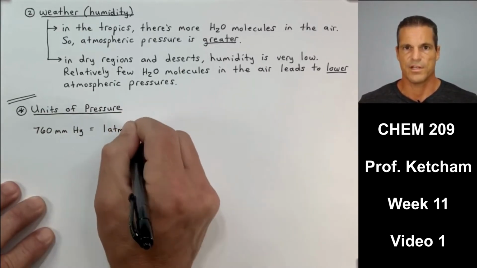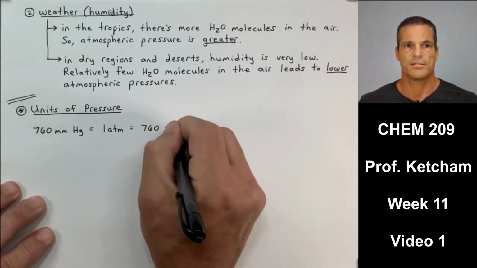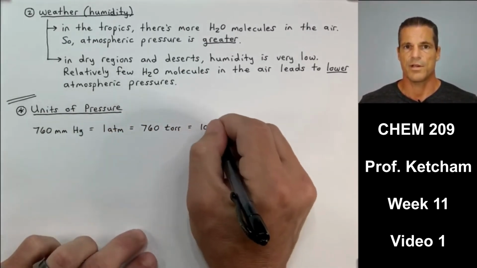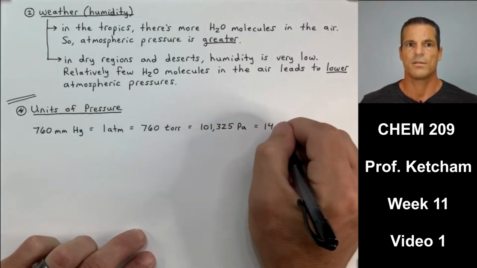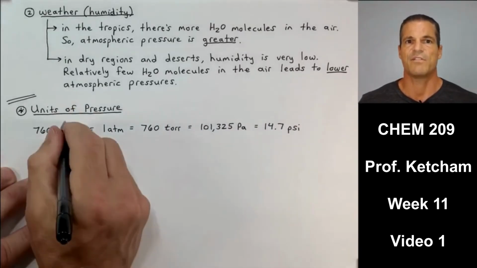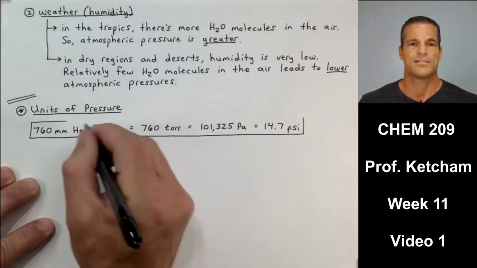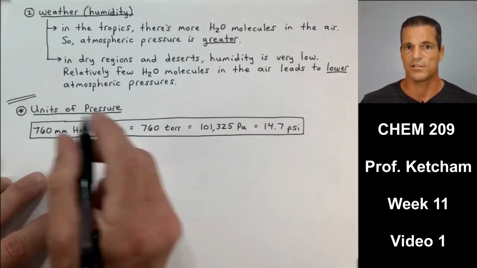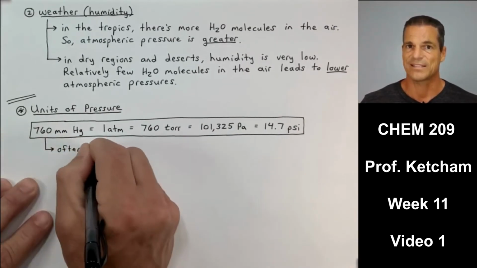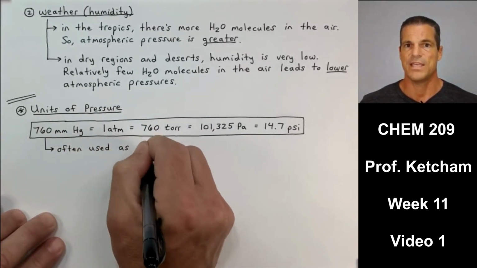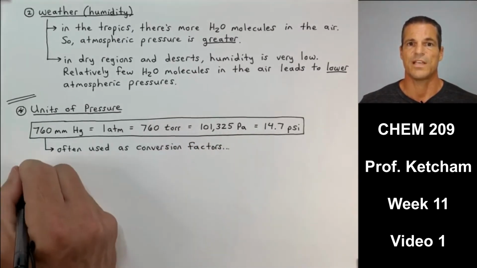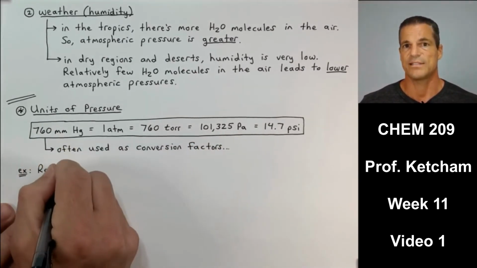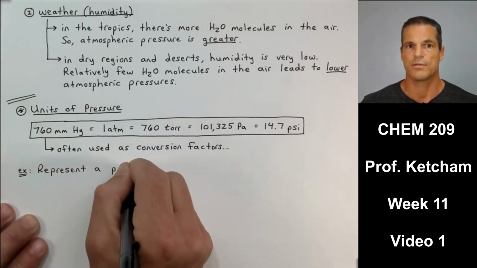They're all equal to each other as I've drawn them out right here. 760 millimeters mercury is the same pressure as 1 atm, or 1 atmosphere, is the same pressure as 760 torr, is the same pressure as 101,325 pascals, with the unit Pa there. And that's also equal to 14.7 psi, where psi is pounds per square inch.